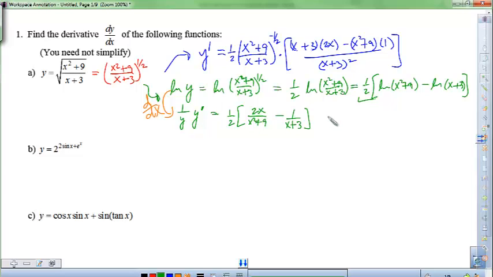And lastly, this is not quite over yet, we want to solve for y prime, and that's equal to just multiplying everything by y, which is the square root of x squared plus 9 over x plus 3, times this big thing that we got, which isn't so big, and that's 1/2 times (2x over x squared plus 9 minus 1 over x plus 3).